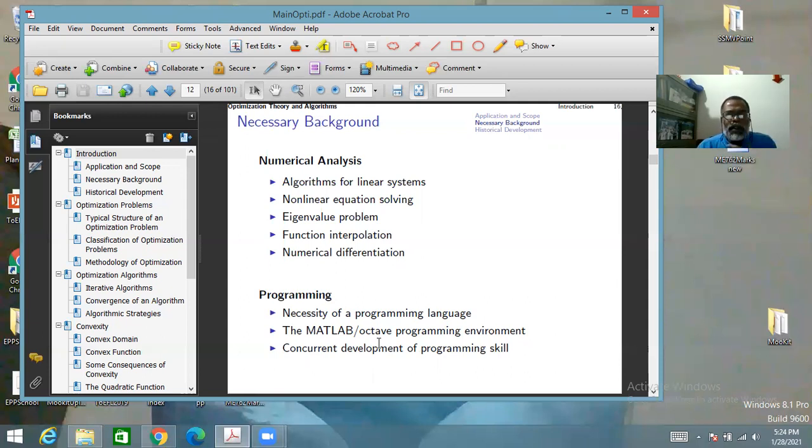So that's also fine, but it is important that you have some background of programming, or you should not have hesitation of going into programming something. And you should have access to some programming environment.